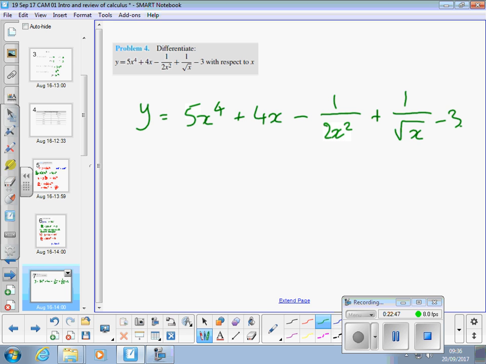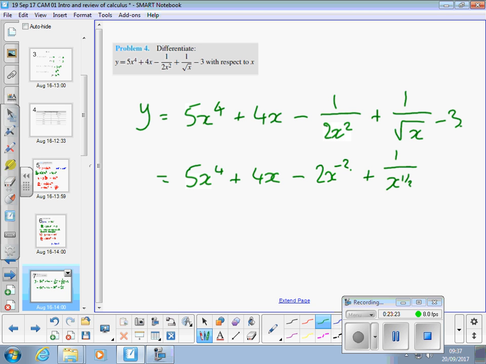So we need to put those in non-fractional form. Yep. So we need to rewrite this as 5x to the 4 plus 4x minus, what have I got to put here? 2x to the minus 2 plus, if I write, yeah, that would be x to the half.